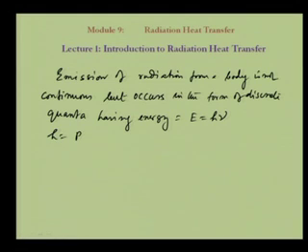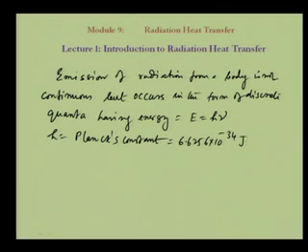h is called Planck's constant, and this value is 6.6256 into 10 to the power minus 34 joule second. And nu is called the frequency of radiation.